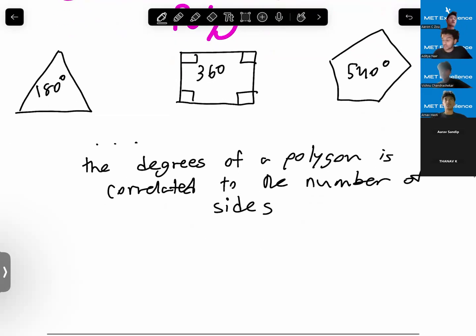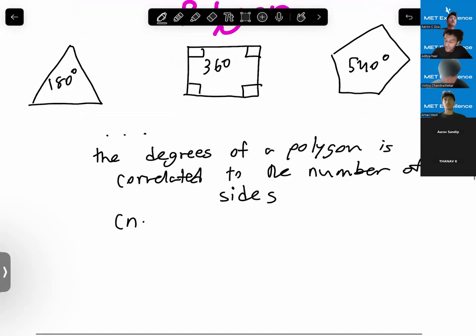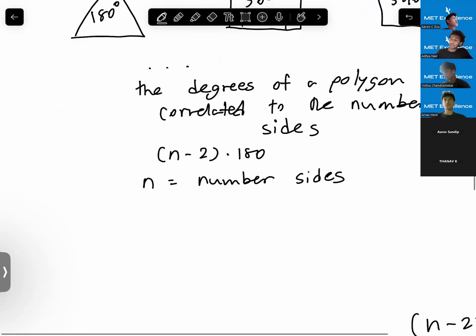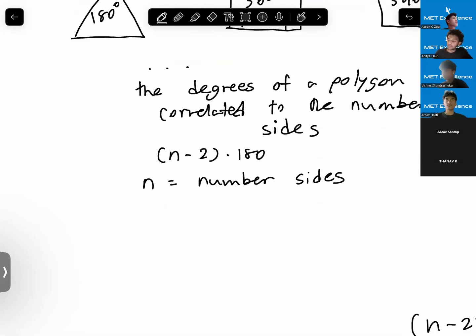I see Vishwas drop it in chat. It's going to be n minus 2 times 180, where n is equal to the number of sides. So the total degrees in any polygon is just going to be the number of sides it has minus 2 times 180.